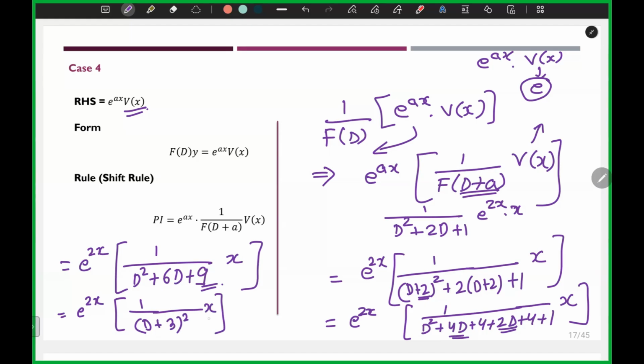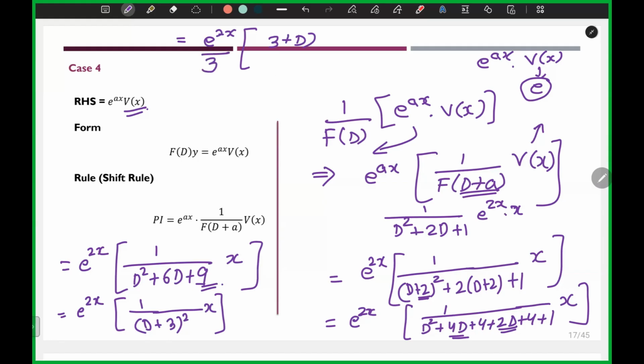So now you can simply use the part that you have used earlier. How next? You can do e to the power 2x. It is nothing but 3 plus d; you can put this 3 outside.